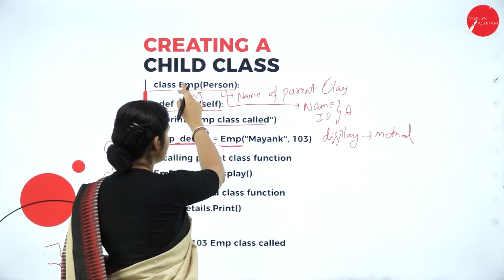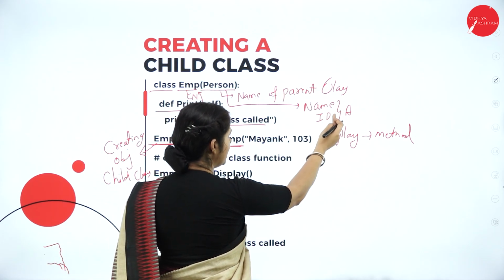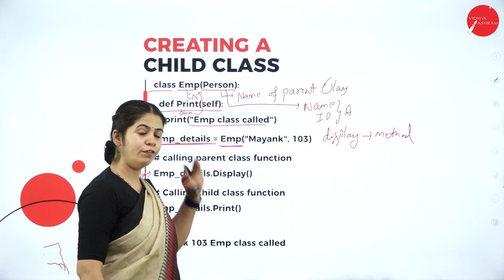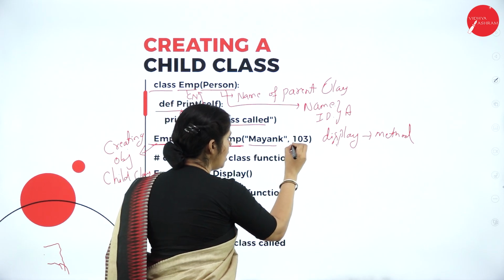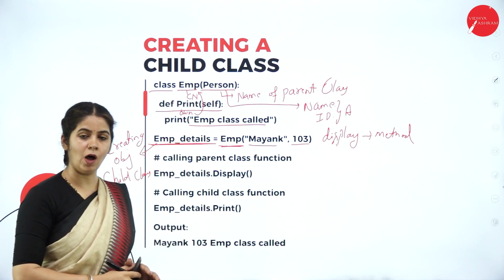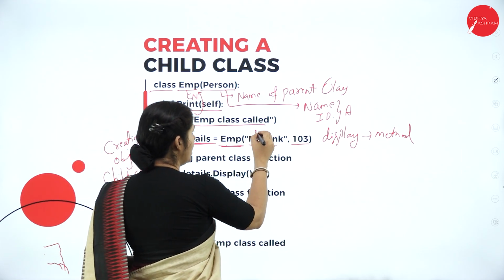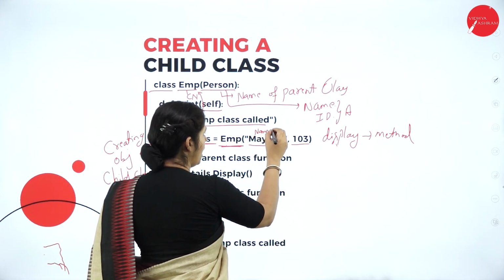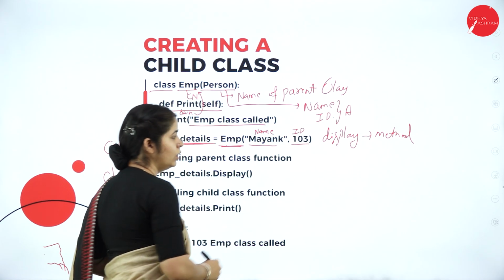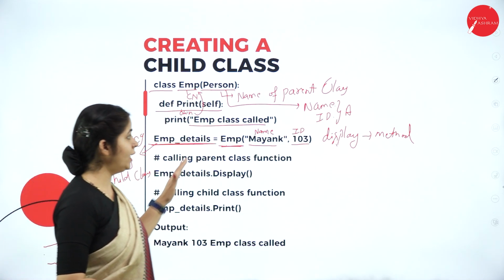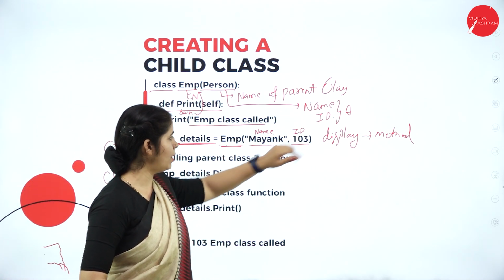As the child class inherits the properties name and ID of the parent class, we can give them directly as arguments, because we are using an init function there, right? So this is name, and this is ID. You are directly inheriting the attributes of the parent class, name and ID.